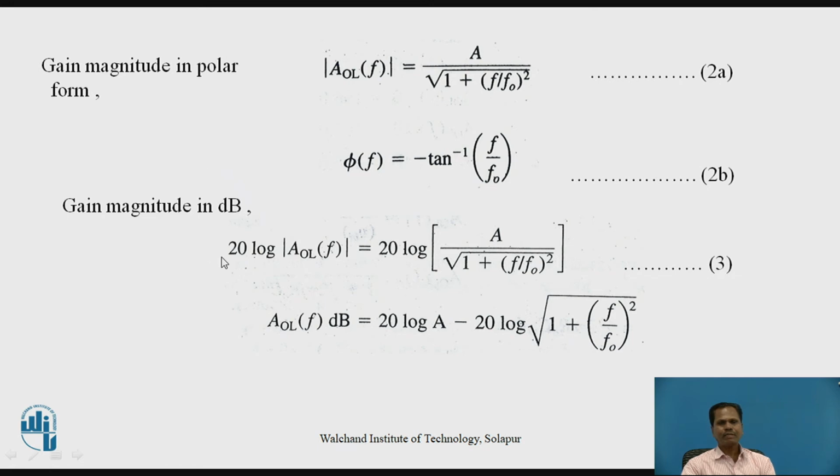So gain magnitude in decibels is equal to 20 log of the numerical value of the open loop gain as a function of frequency, that is 20 log of A upon square root of 1 plus (F upon FO) whole square. So the open loop gain as a function of frequency in decibels can be expressed as 20 log of the numerical value of the open loop gain minus 20 log of square root of 1 plus (F upon FO) whole square.